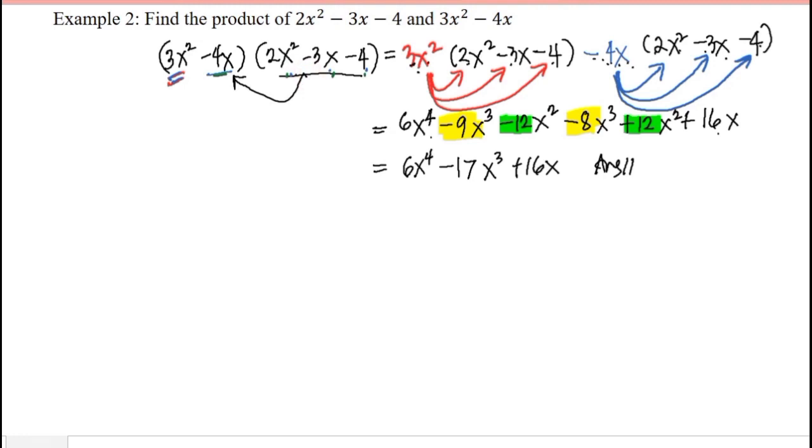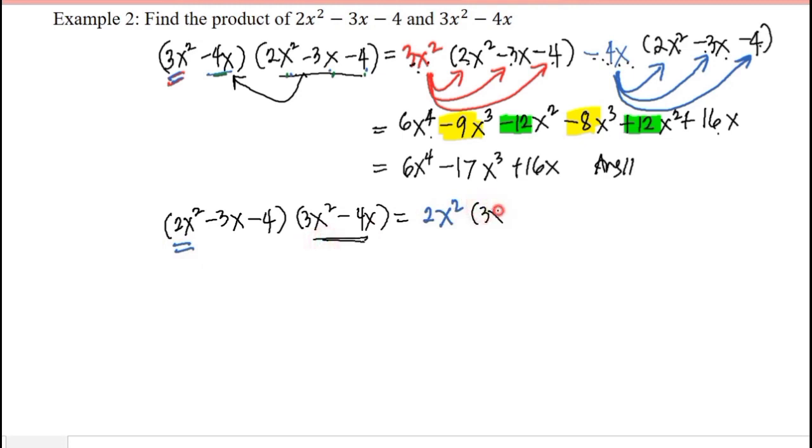So we bring it back, and this would be 2x squared minus 3x minus 4 times 3x squared minus 4x. For the first term, that is 2x squared, we multiply it to this, 3x squared minus 4x.